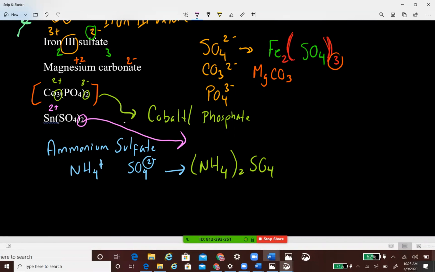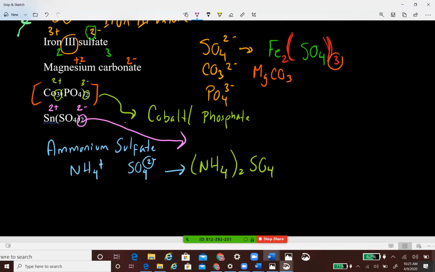Now, this one's a bit tricky. I'll tell you why. We know that sulfate is -2. If we just used the reverse crossover rule and went in the opposite direction, I know that's a +2.